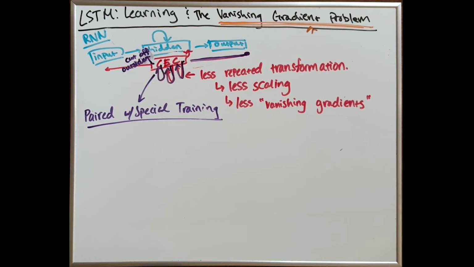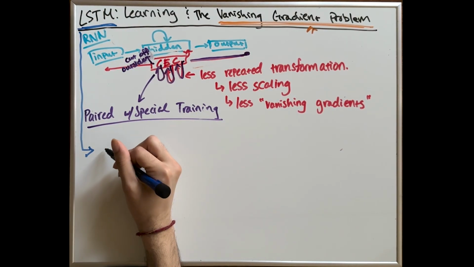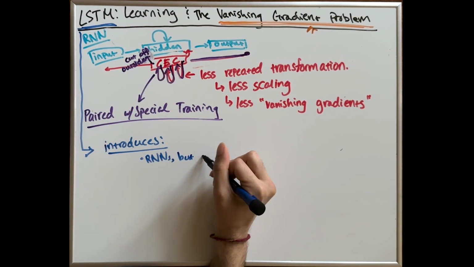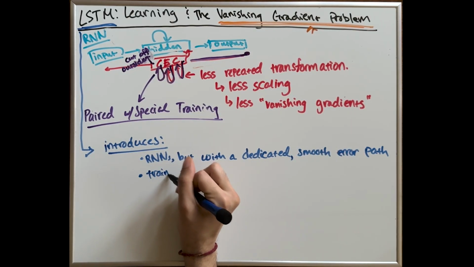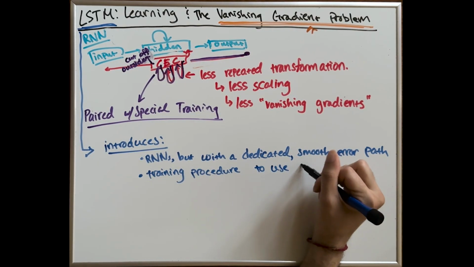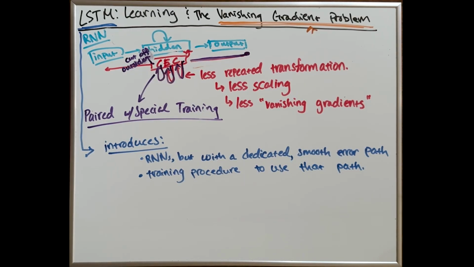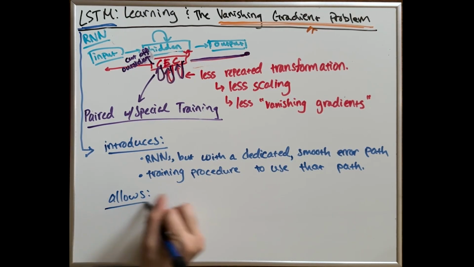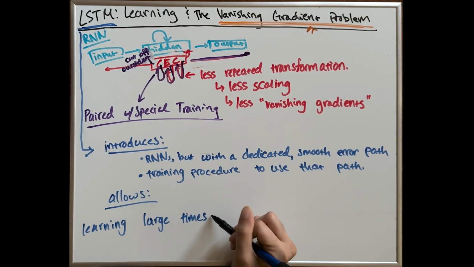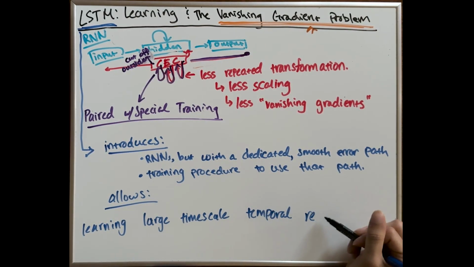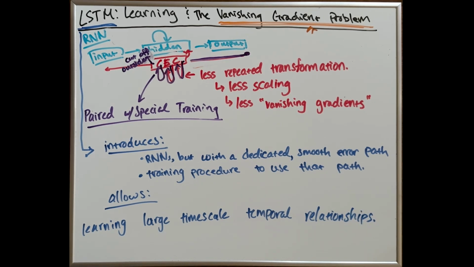So, the contribution of the paper is really these two things working together: a recurrent architecture with a dedicated memory path, and a learning procedure that preserves long-range error flow by enabling use of that pathway. And following this, the broader significance is clear. LSTMs are a neural architecture organized and trained in such a way that long-range temporal relationships can be learned.